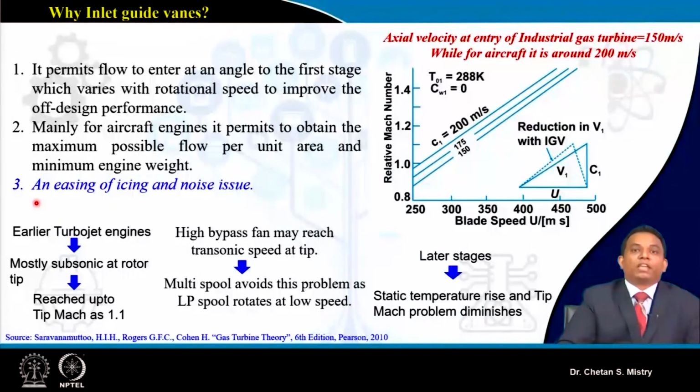That takes care of avoiding the ingestion of ice particles inside the engine. It also takes care of the noise generated by the rotation of your fan, or maybe your LP compressor. So these are all the purposes for which inlet guide vanes are used.